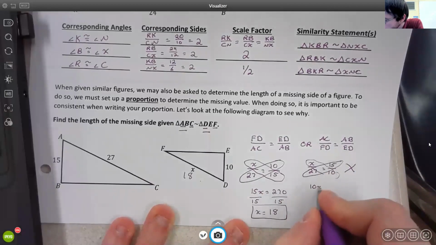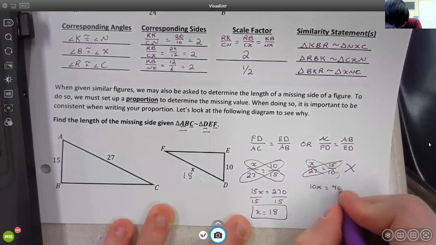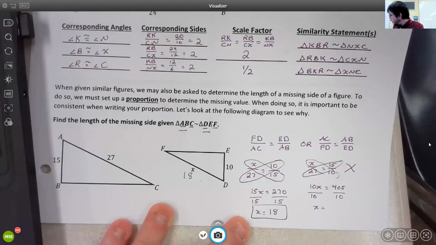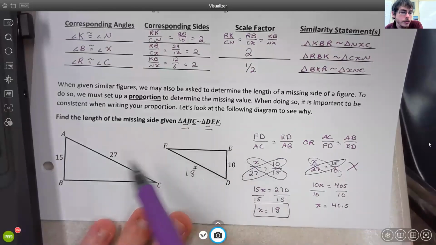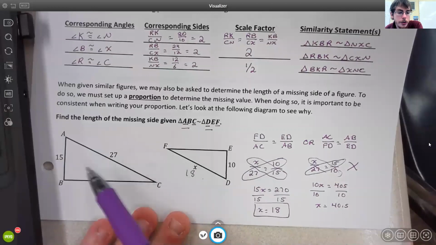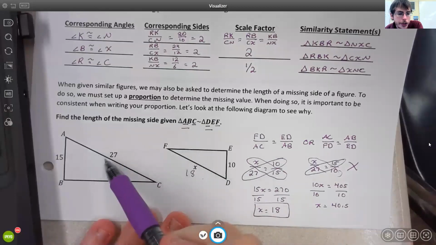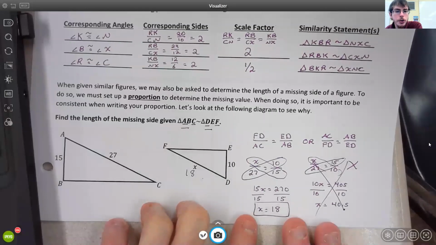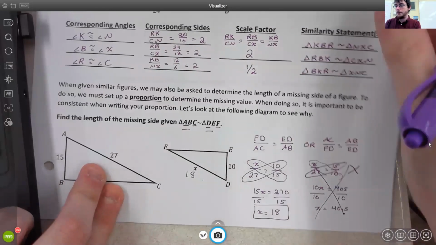We have 10x equals 15 times 27, divided by 10, and you get x is 40.5. Now, this is the smaller triangle. This is the bigger triangle. We know this is the smaller triangle because ED is less than AB. X should not be greater than AC. So that does not work. Okay, so make sure that you pay attention to how you're setting up your proportions.